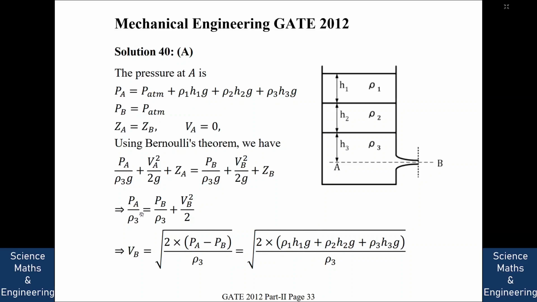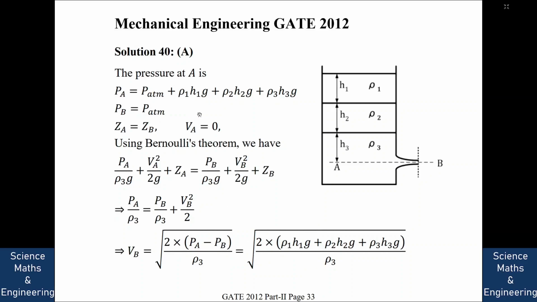So from here, PA by rho 3 is equal to PB by rho 3 plus VB square by 2. We are cancelling all g's, and ZA, ZB cancelled, and VA is 0, so this term cancelled. So from here we get VB would be equal to the square root of 2 into PA minus PB divided by rho 3.